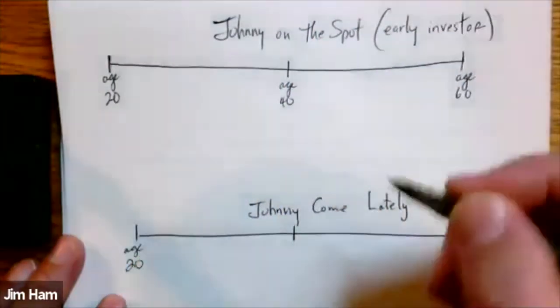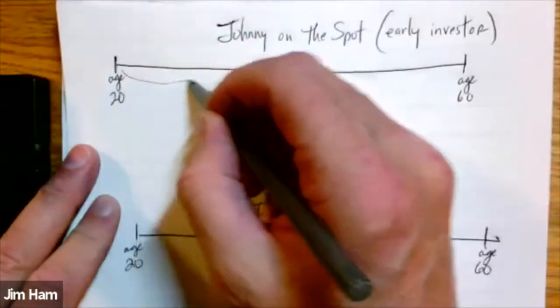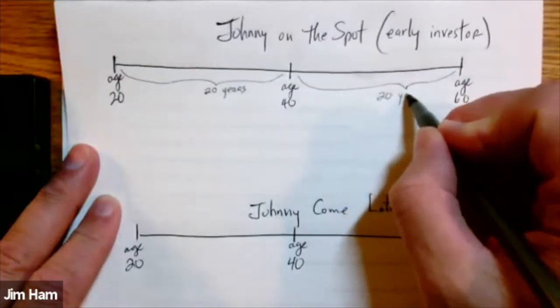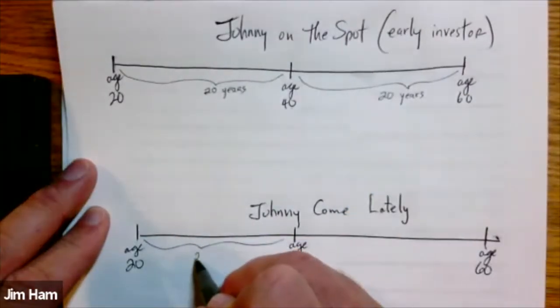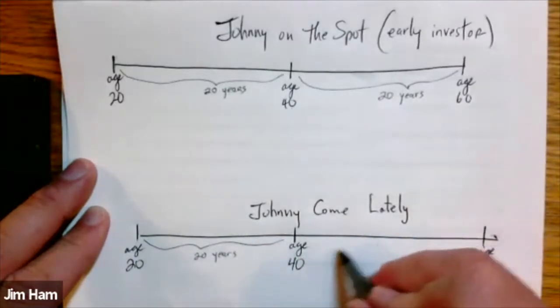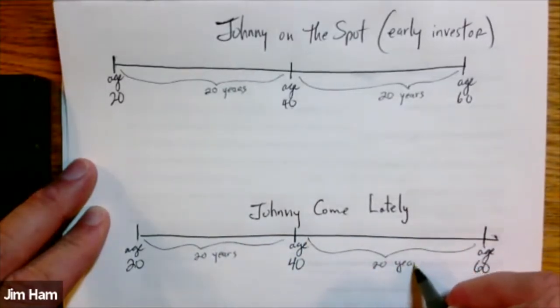I give you the ages in other problems, but I don't think I do in this one. From age 20 to age 40, that's 20 years. Same thing for Johnny come lately: 20 years of not investing anything, followed by 20 years of active investing.